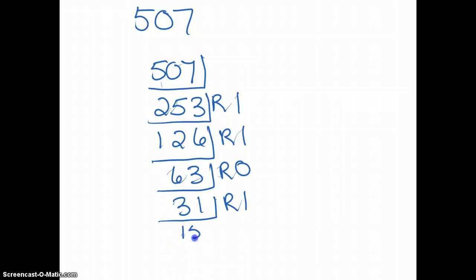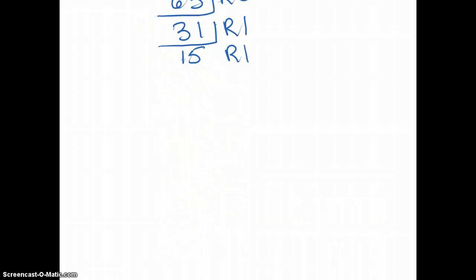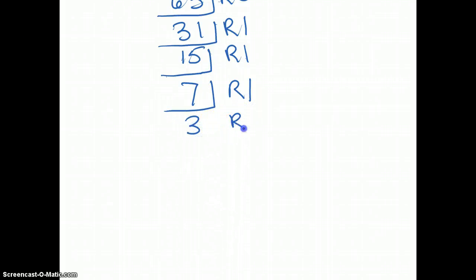So 15, remainder 1, divided by 2 is 7, remainder 1, divided by 2 is 3, remainder 1, divided by 2 is 1, remainder 1, and 1 divided by 2 is 0, remainder 1.